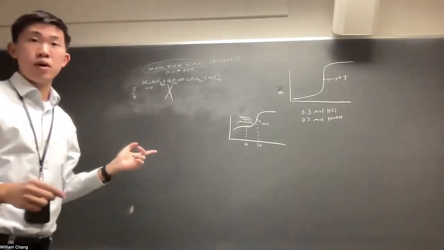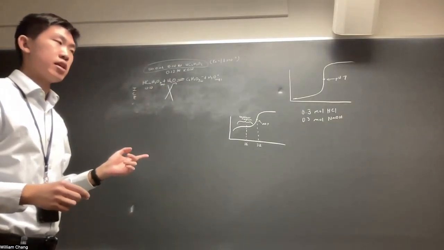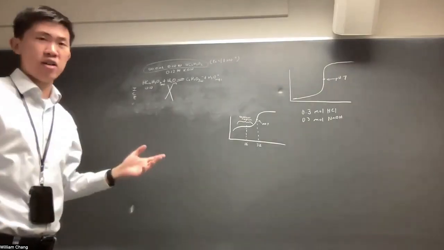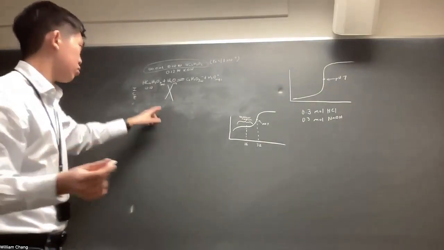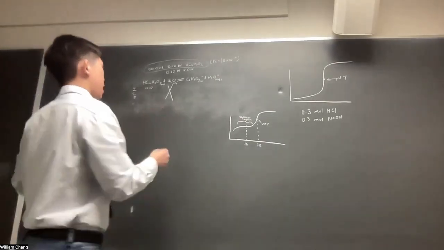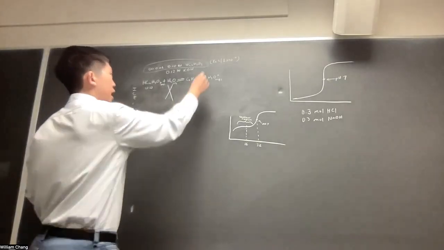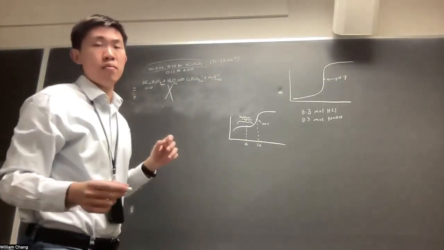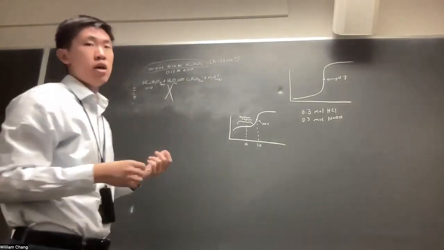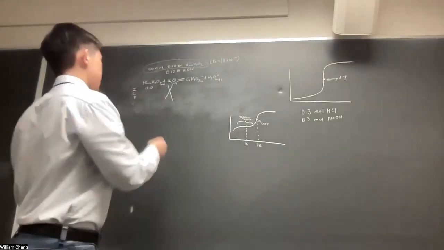Because water is a liquid, and in solution, liquids and solids basically have massive concentrations. So we don't look at the concentration of water, and if you knew what the K expression is from earlier on in the unit, you would also know why we don't consider H2O.